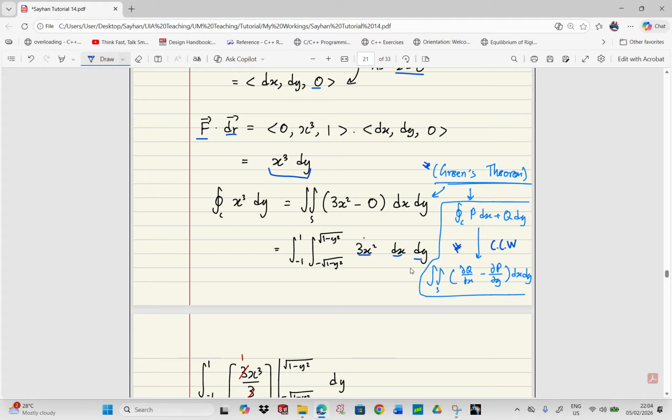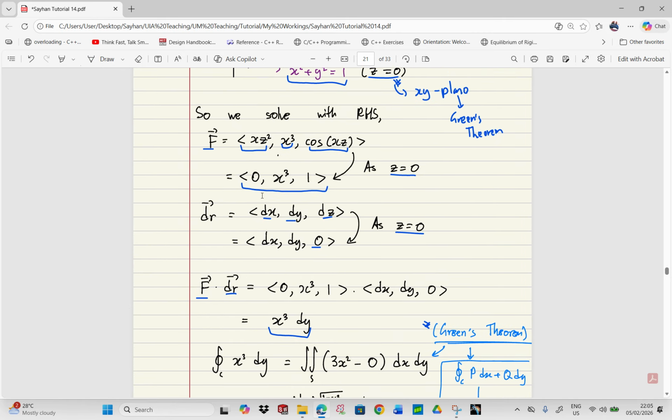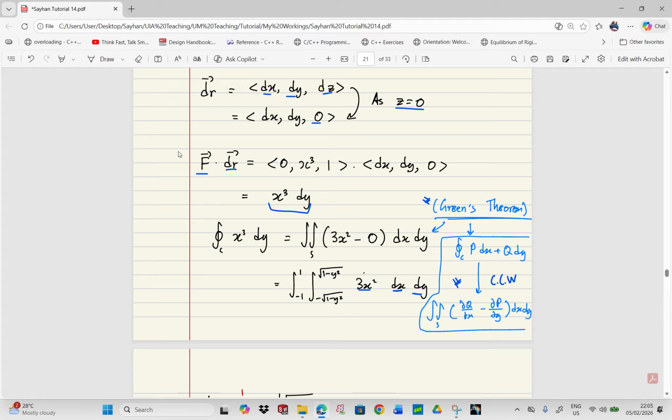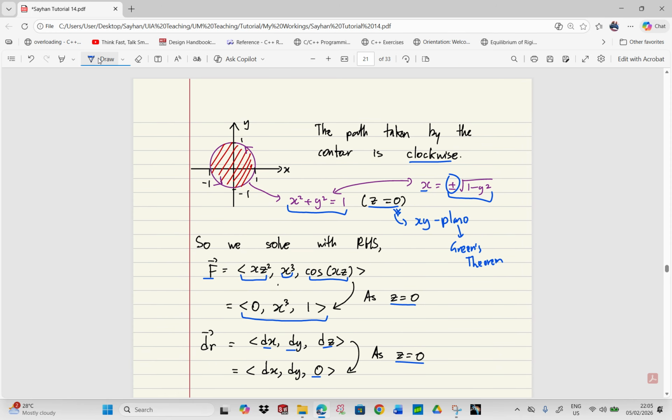Because we are expressing in terms of dx and dy, I had to rearrange my circle equation, x in terms of y, plus minus. So my limits for x are negative square root of 1 minus y squared to square root of 1 minus y squared. For dy, it's between negative 1 and 1 because my circle goes from negative 1 to 1.